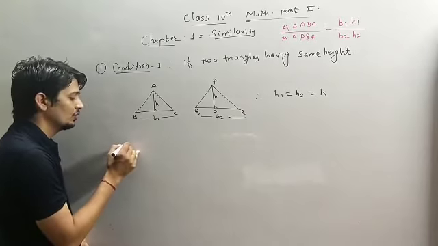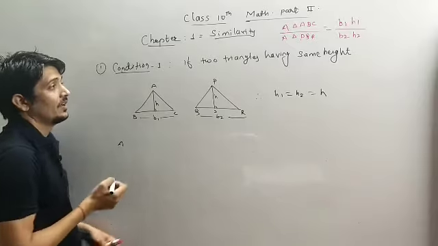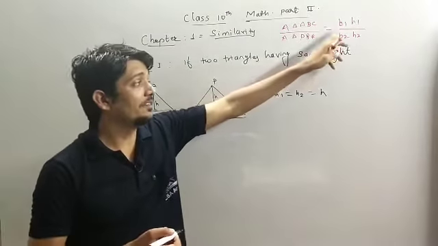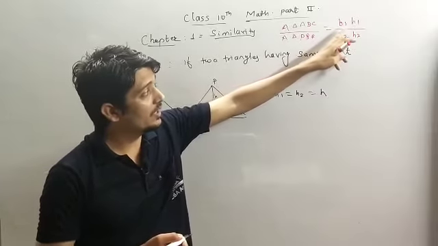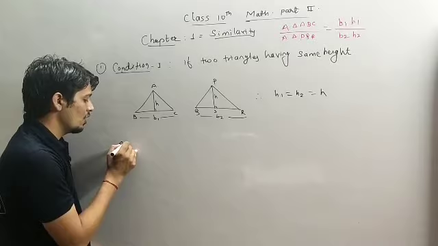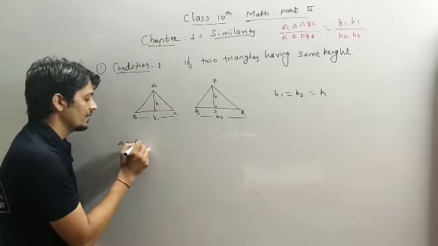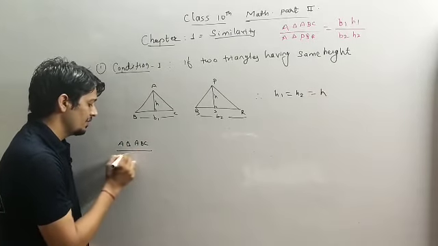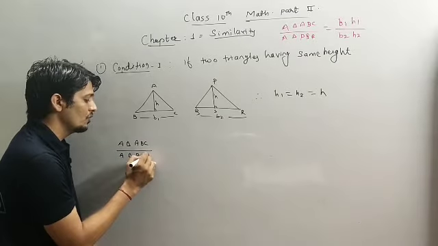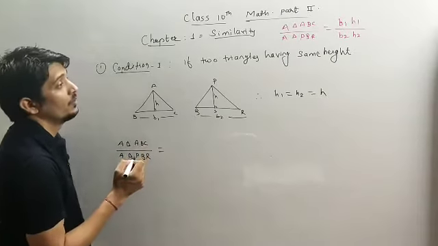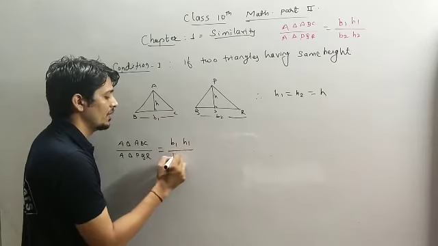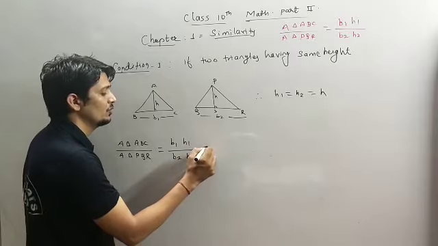एरिया का. So we have the ratio of area of two triangles having different height, that is B1 H1 divided by B2 H2. So area of triangle ABC divided by area of triangle PQR equals B1 H1 divided by B2 H2.